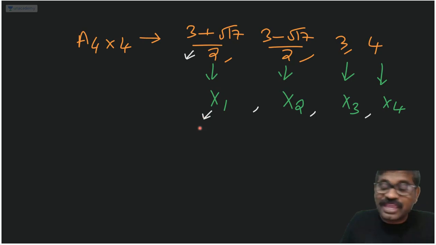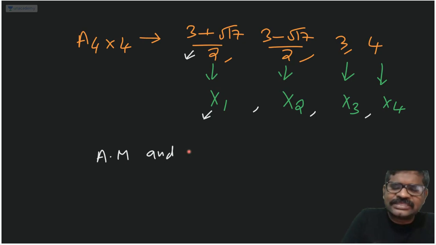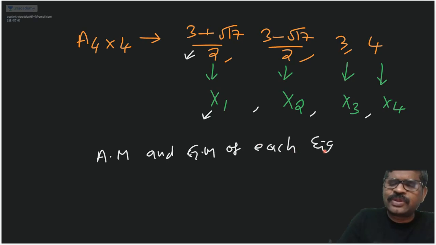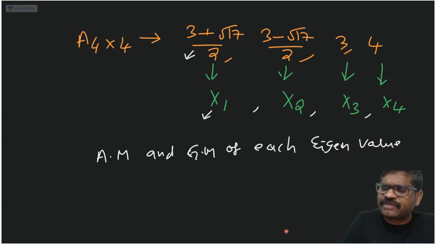So, do AM and GM of each eigenvalue coincide or not? AM and GM of each eigenvalue are the same.